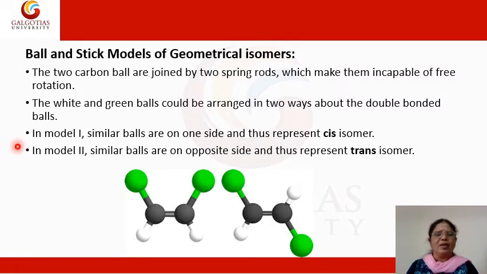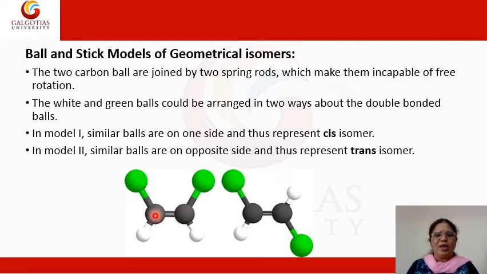Here, different balls are taken to depict the atoms and the sticks are taken to represent the bonds. We have taken two black balls as two carbon atoms, joined by two spring rods which exhibit a double bond, and because of that there is restricted rotation around this double bond.